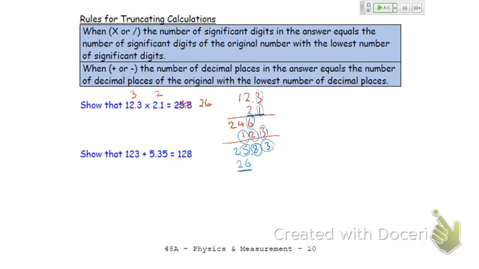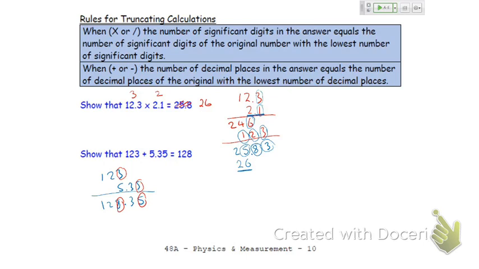If we do addition and subtraction, then it's a slightly different situation. Let's do 1, 2, 3 added to 5.35. So I get 5, 3, 8, 2, 1. Let's change coloured pens again so you can see the difference. So that's an uncertain 3 and that's an uncertain 5. So that's an uncertain 5, that's an uncertain 8.